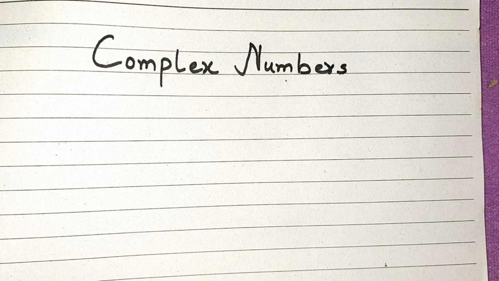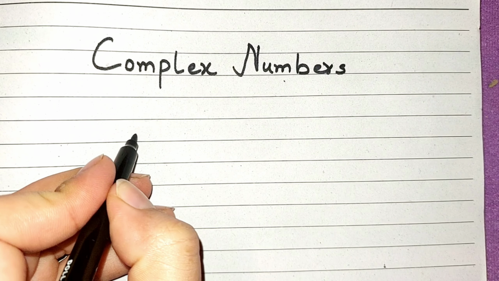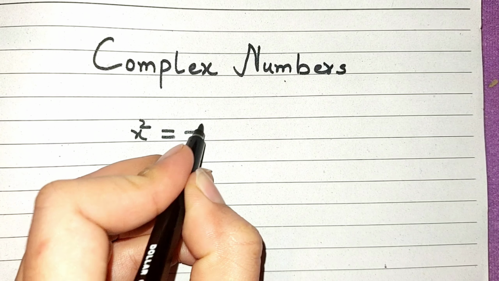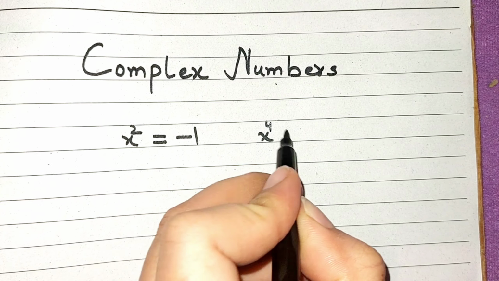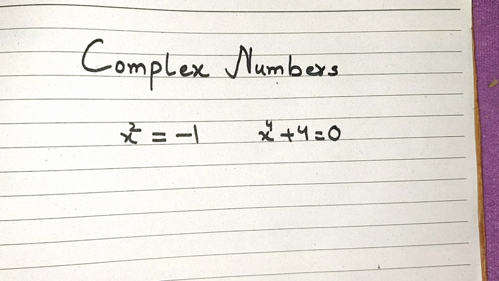So basically we use real numbers to solve algebraic equations, but sometimes we have different types of equations, for example this equation, or we can say this equation. How will we solve this?